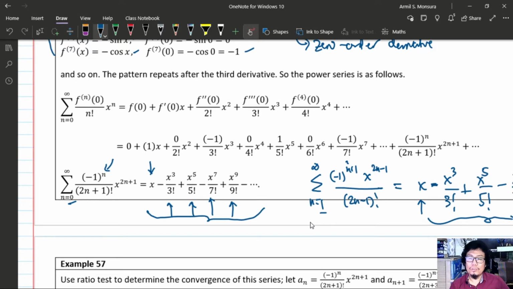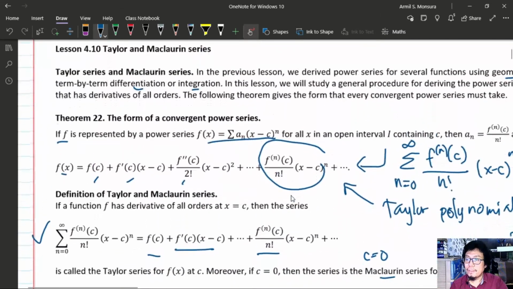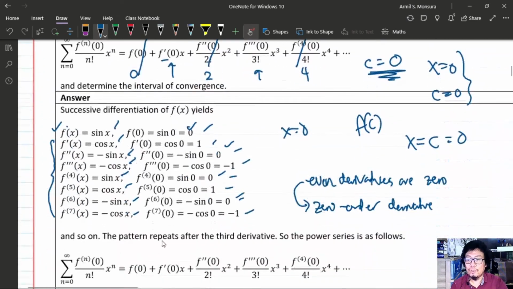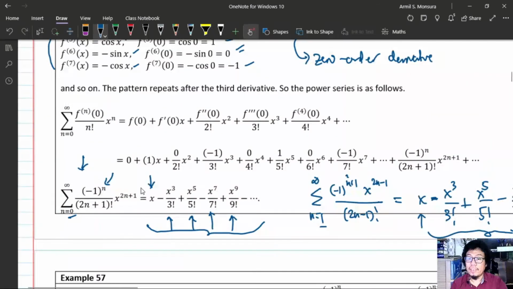Here's the thing. By definition, your Maclaurin series actually starts at n equals 0, so we would have preferred to have written it this way. I just used this because it is already here, and you are able to read it already.